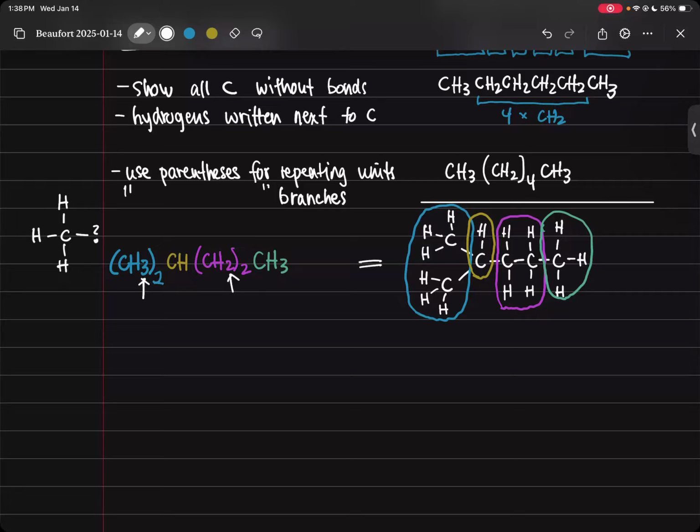And because it's next to the CH, it's got to be that. CH2, on the other hand, to make 4 bonds, has to have 2 things attached to it. And so CH2 groups always have to be basically in a line of other carbons. Yeah.